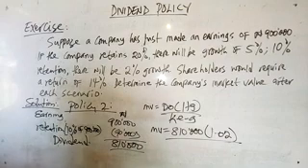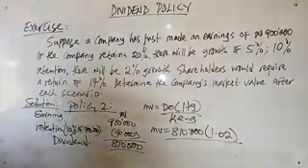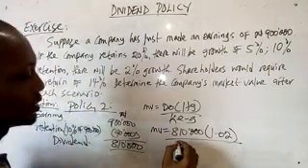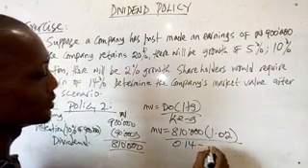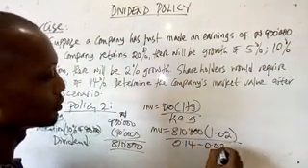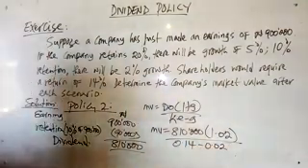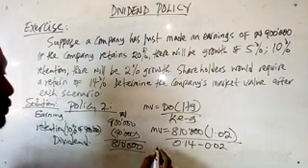We are still using the same Ke, the shareholders' return, which is 0.14 minus 0.02. So what are we going to have in that case?